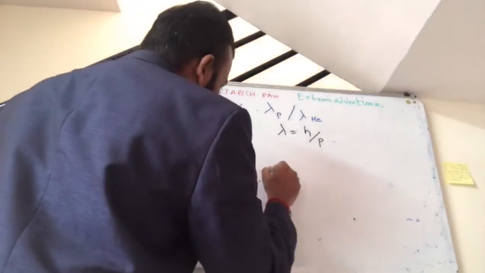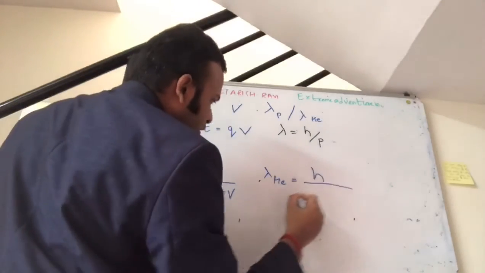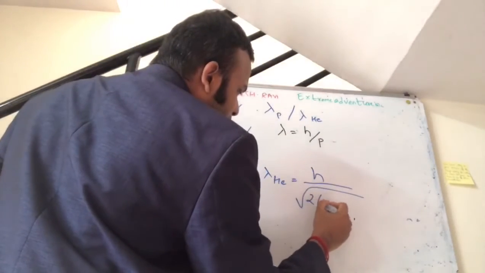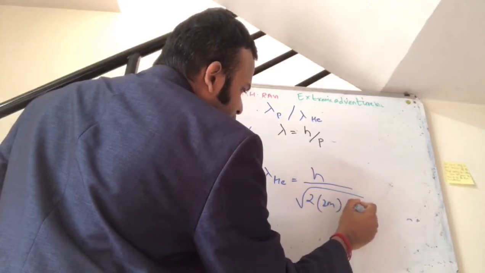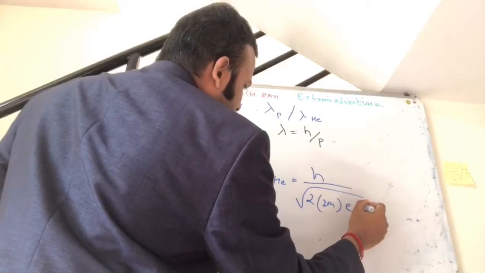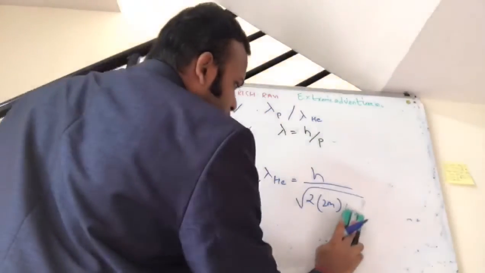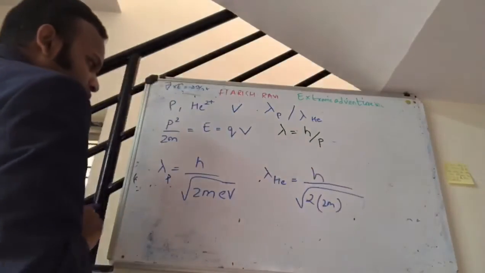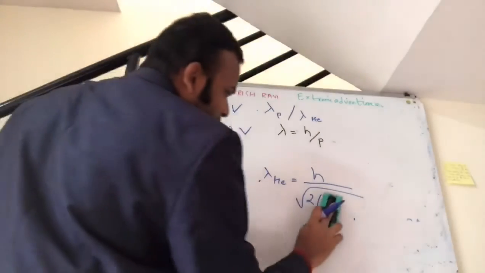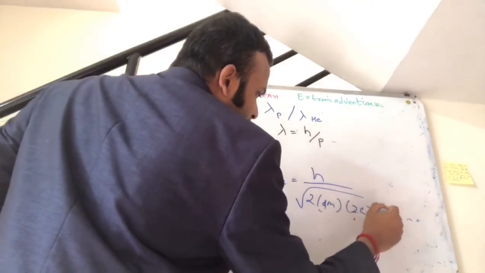For lambda of helium, it is equal to h by square root of 2 times 2m... the charge, 4 electrons are there, 4 eV. The mass is 4, sorry. The mass is 4 times, so 4m times 2eV.